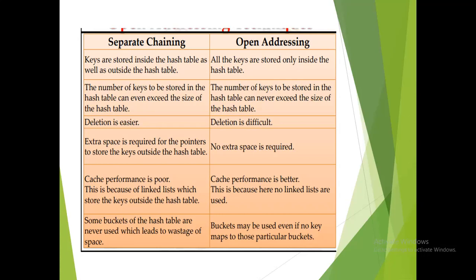Open addressing: cache performance is better. This is because here no linked lists are used. Separate chaining: some buckets of the hash table are never used, which leads to wastage of space. Open addressing: a bucket may be used even if no key maps to that particular bucket.